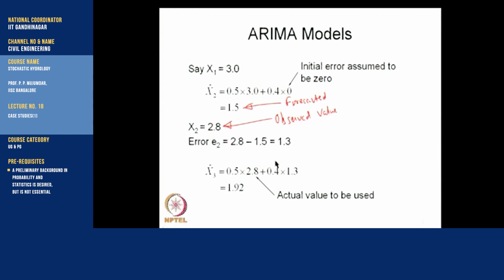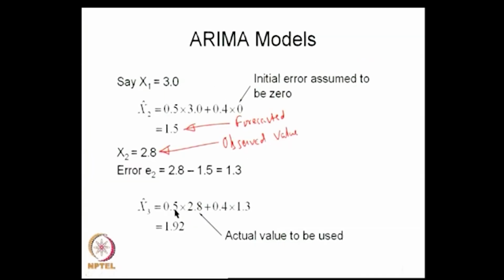So, in forecasting the next value, x 3 cap, I write again as phi 1 x 2 plus theta 1 E 2, and E 2 is 1.3 here. Now, when we are doing x 2, remember you take the observed value. So, you take the actual observed value for forecasting the next one. So, essentially, as I mentioned in the last lecture, in this particular case we are standing in time period t is equal to 2 and then forecasting for t is equal to 3.